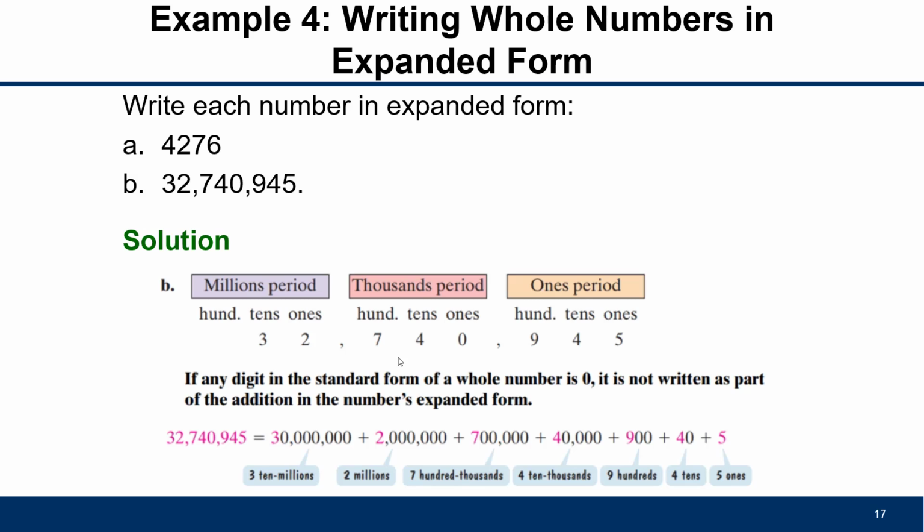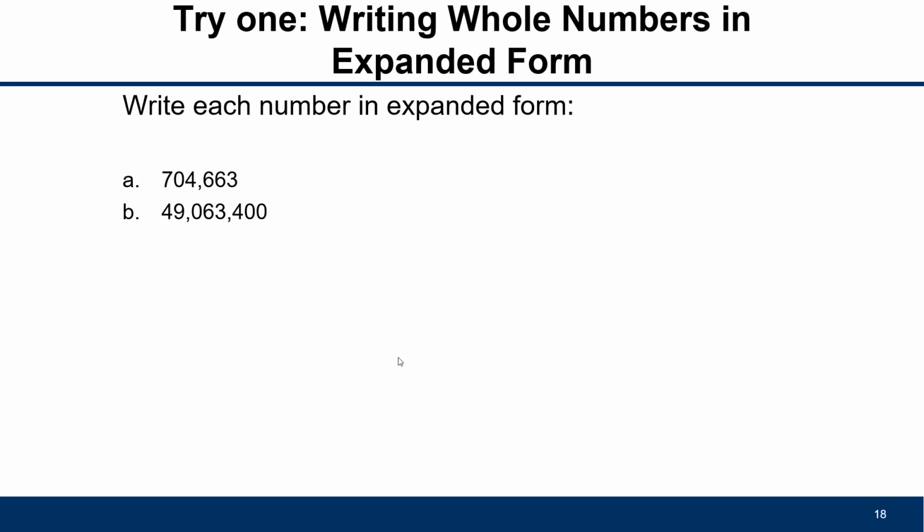So when you break it all up, you've got 30 million plus 2 million plus 700,000 plus 40,000, but then you don't put plus 0,000. You just leave that out and you skip and go plus 900 plus 40 plus 5. Lastly, go ahead and stop the video and try these two on your own, and that's all we have for you today.